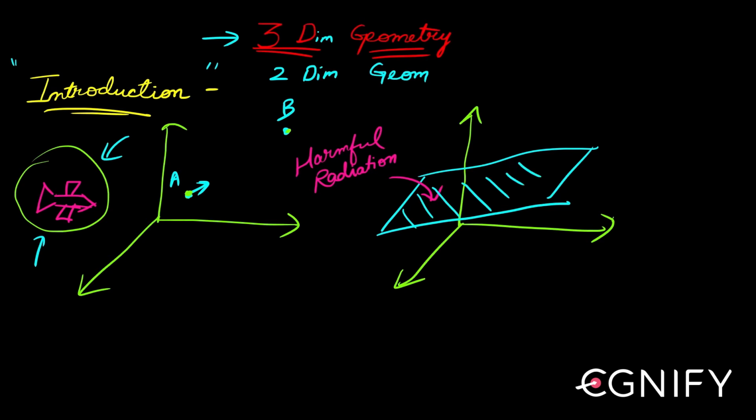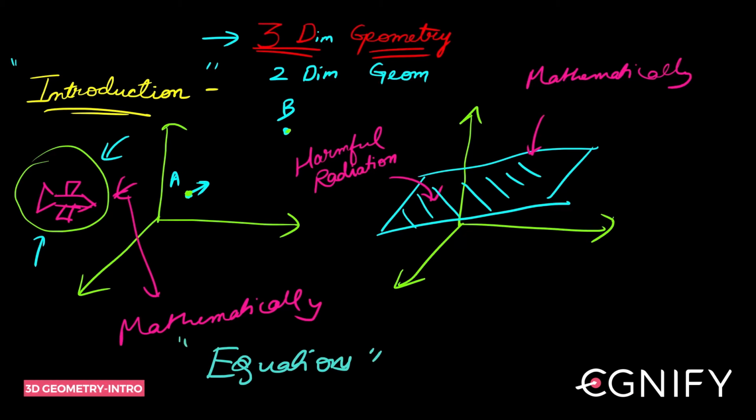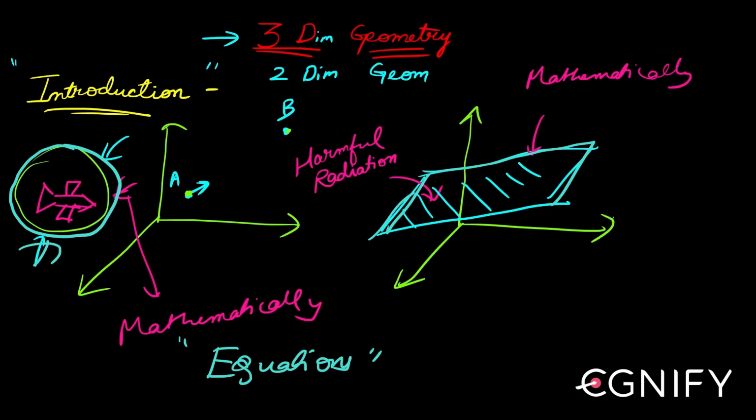Now, for that, if I can represent this plane mathematically, if I can represent its motion mathematically, then with the help of equations, I can make sure that the motion of this is always away from this plane. I can make sure that it never enters this plane.